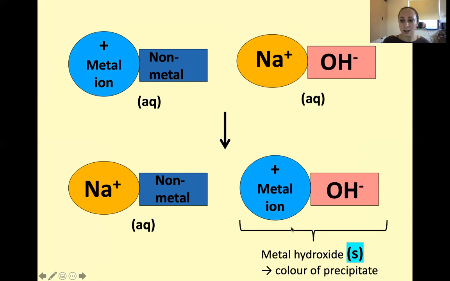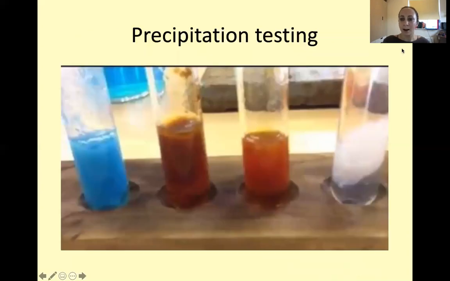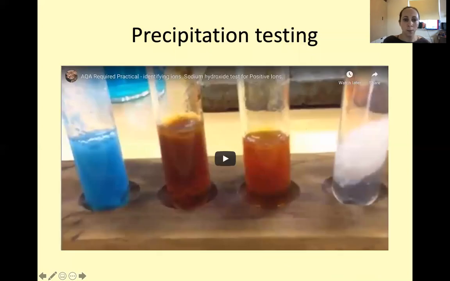That metal hydroxide is solid, that's our precipitate, and it will be a distinctive colour. And the colour that it turns tells us what our metal is. Okay, it's distinctive. So, again, I can't be in the lab, sadly, to show you these. So we're going to watch this video. It's produced by Primrose Kitten, which goes through how we do those tests in the lab.